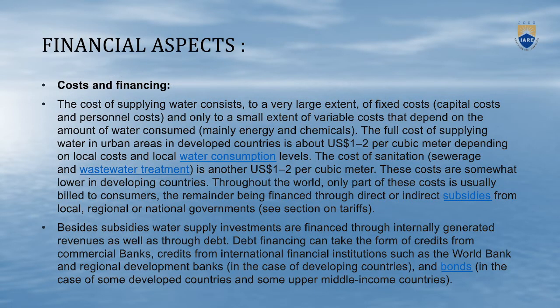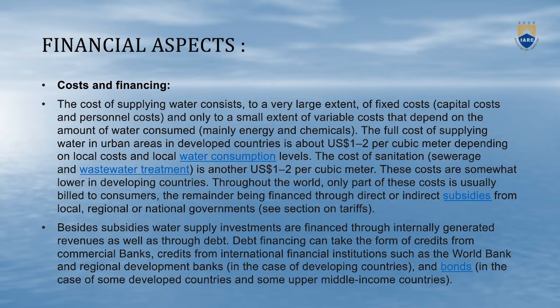Financial aspects. Cost and financing. The cost of supplying water consists to a very large extent of fixed costs, capital costs, and personnel costs, and only to a small extent of variable costs that depend on the amount of water consumed, mainly energy and chemicals.